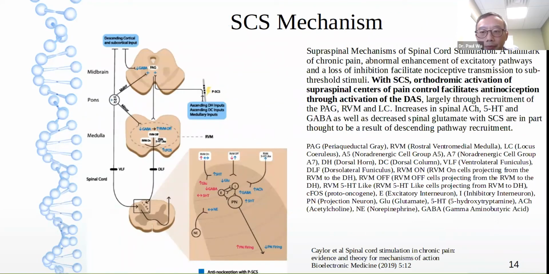This is just to give a better picture in terms of what we just said. It's a lot, but the key thing is that with spinal cord stimulation, orthodromic activation to the PAG area, which is a supraspinal center, can actually cause a modulation of a descending pathway, as well as the areas of the medulla, which in turn can cause changes, signals to the dorsal horn.